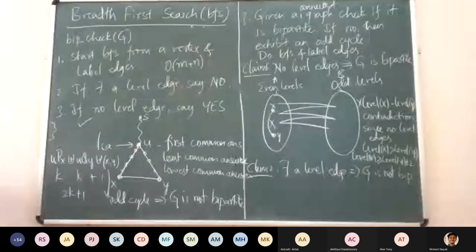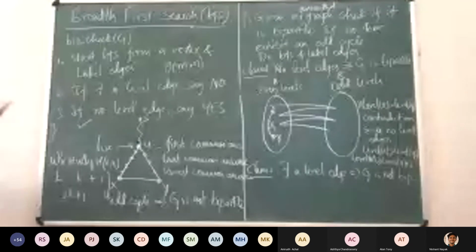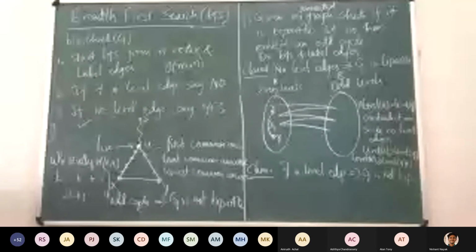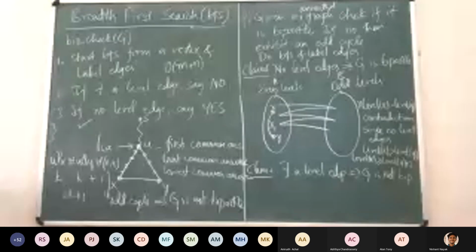If we need it at some point, let's see, and we will try to use it. For most of the applications where BFS is used, we don't need that so much.